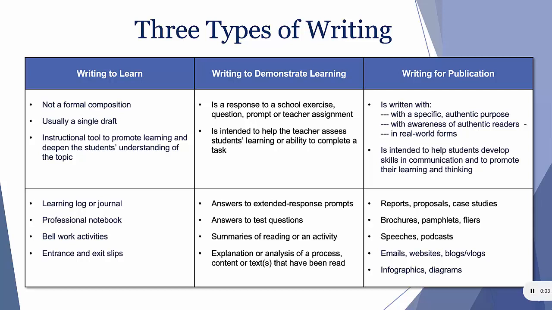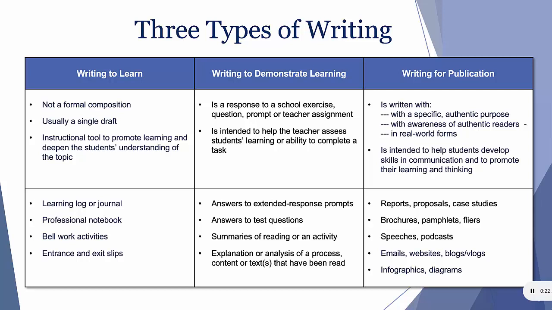I want to talk about the three types of writing because these really influence how we grade the different types of writing. The first that we'll look at is writing to learn. This is not a formal composition by any means.